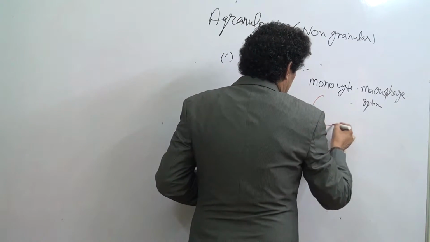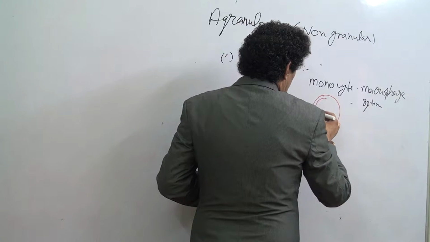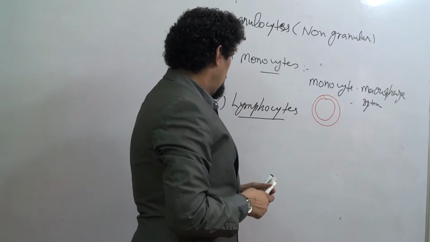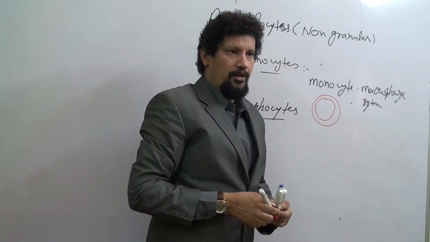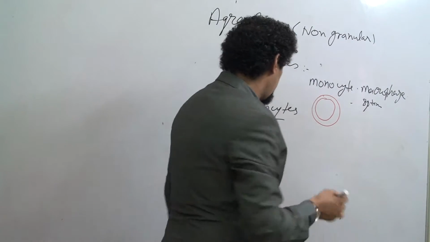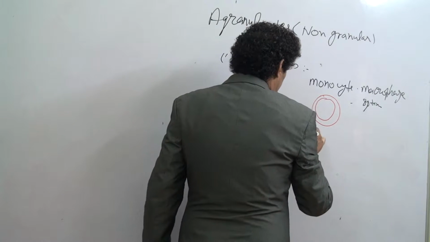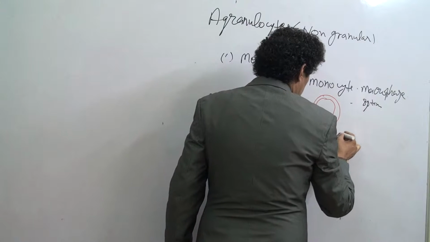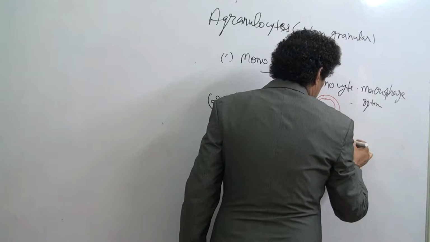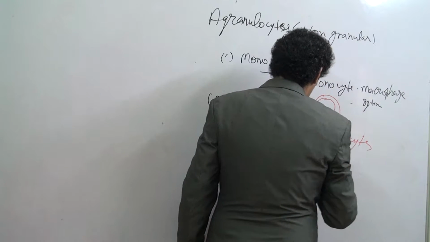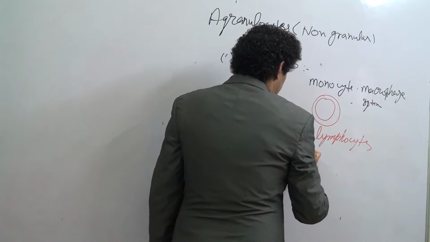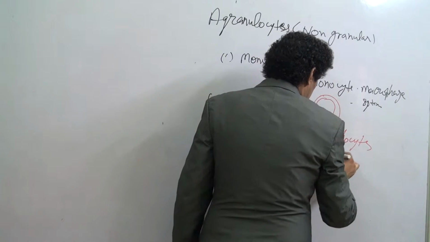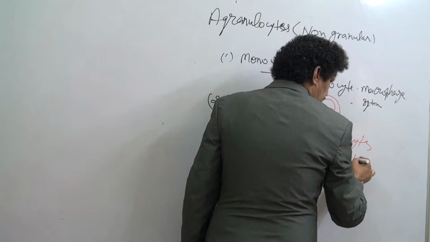So this cell has a large nucleus. There are two types of lymphocytes: the B lymphocytes and the T lymphocytes.